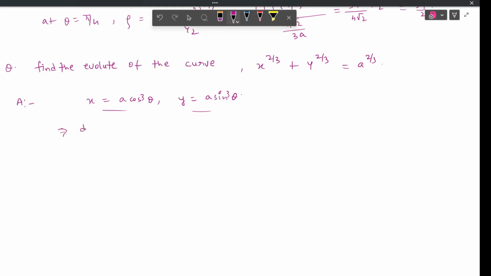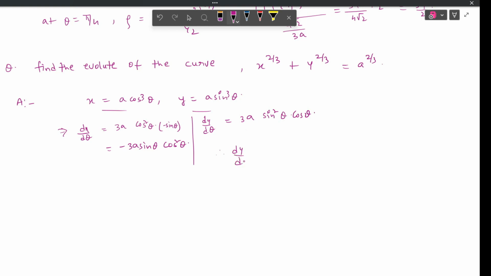So let us find dx by d theta. It would be 3a cos square theta, and the differentiation of cos theta is minus sin theta, so it would be minus 3a sin theta cos square theta. And dy by d theta would be 3a sin square theta cos theta.